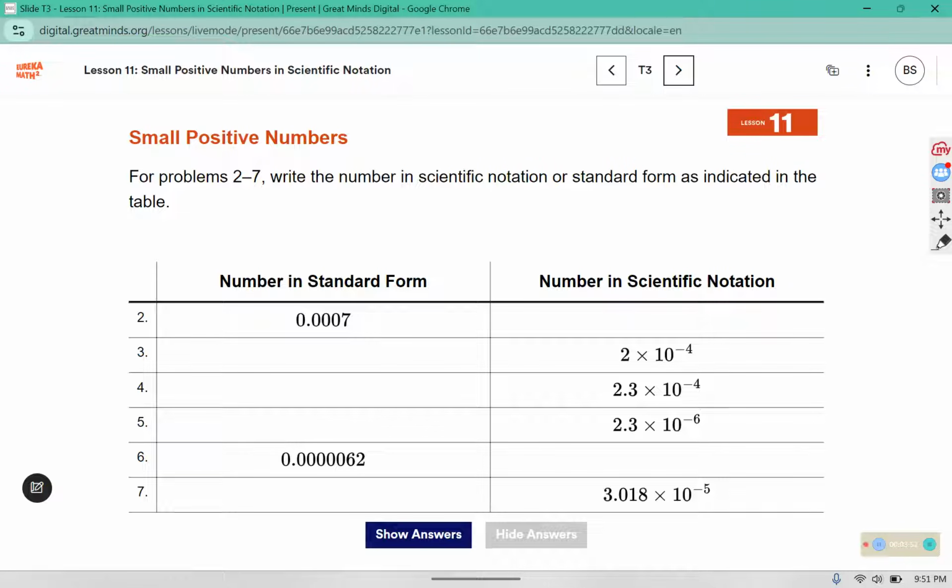For problems 2 through 7, write the number in scientific notation or standard form as indicated in the table. So we've started with the number in standard form, and we're going to change it to scientific notation. Now this is a 7, and we have a power of 10. This is the tenths, hundredths, thousandths, 10,000ths.